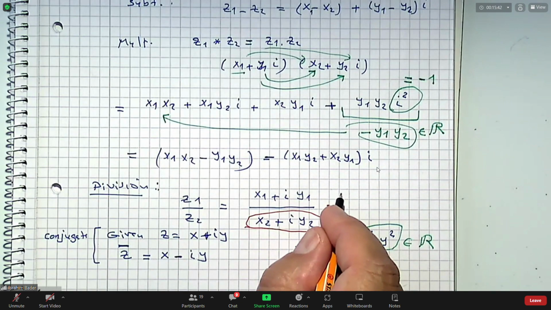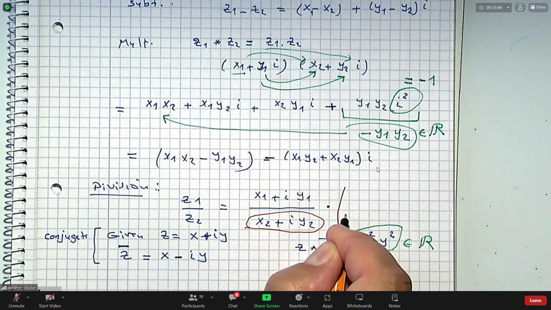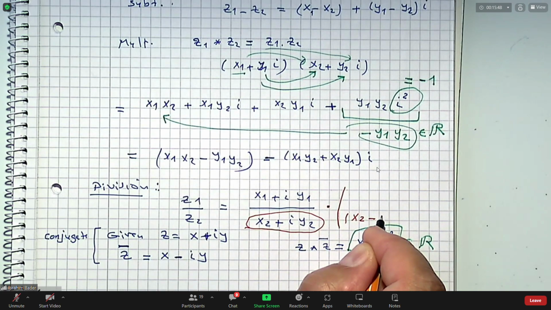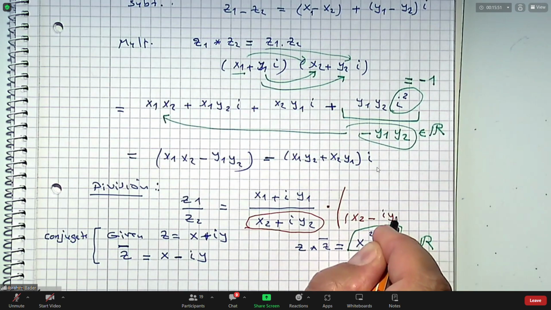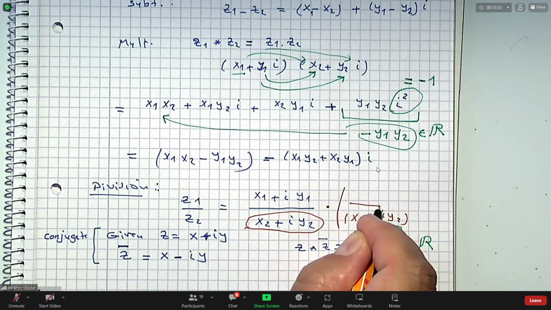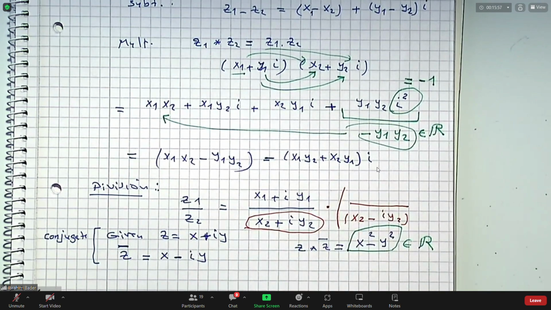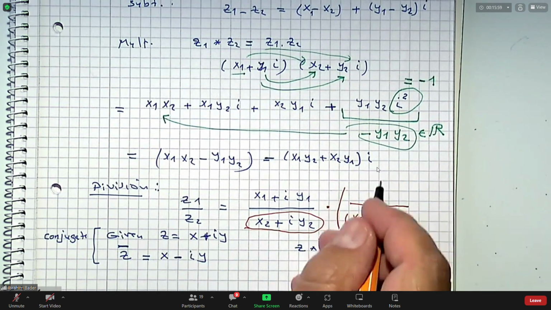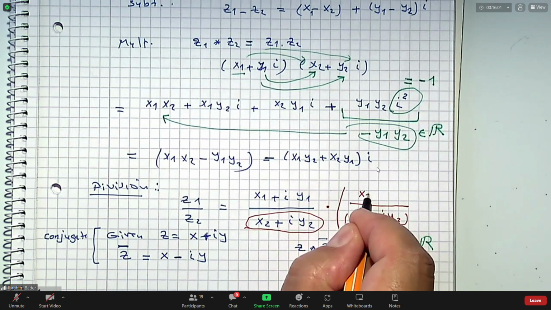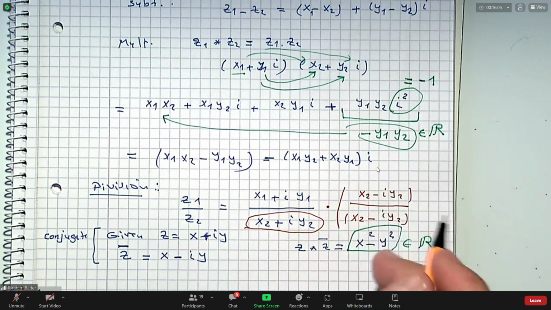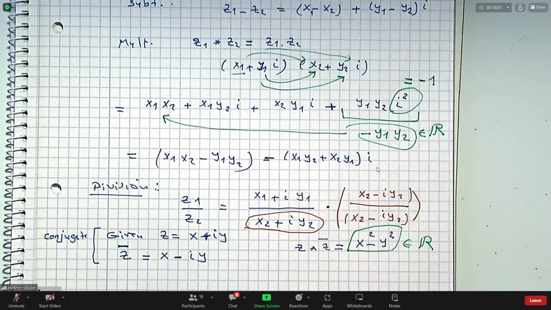So I will multiply with the conjugate of the denominator, x2 minus iy2. Now to keep the ratio of the original term, I will also multiply the numerator by the same, because ultimately it's just like multiplying by 1, which does not change anything in the equation.